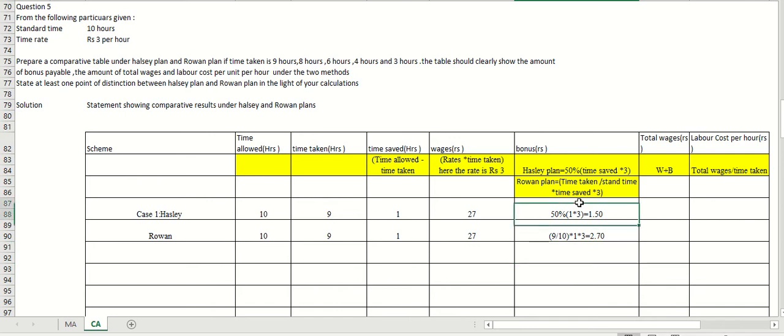So the bonus or the incentive paid to the employee for the time saved by them is 1.50 under the Halsey method, and under the Rowan method the employee is paid 2.70.